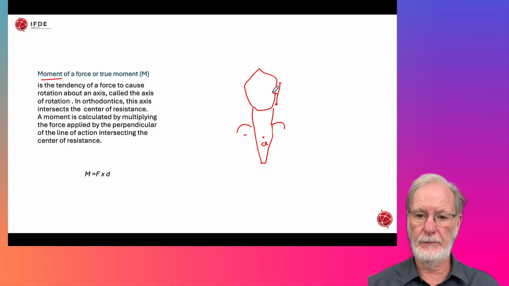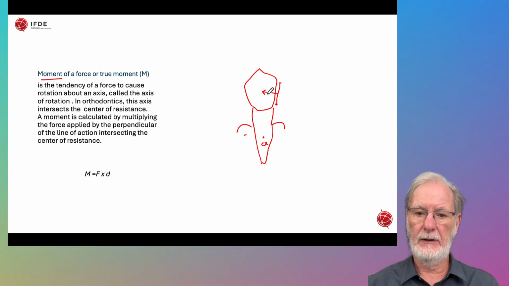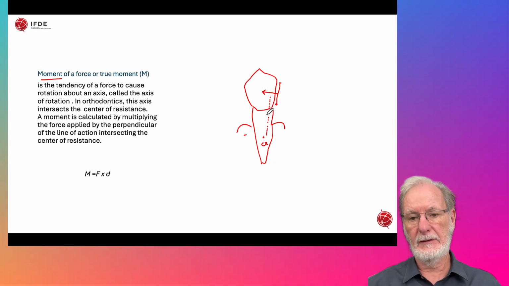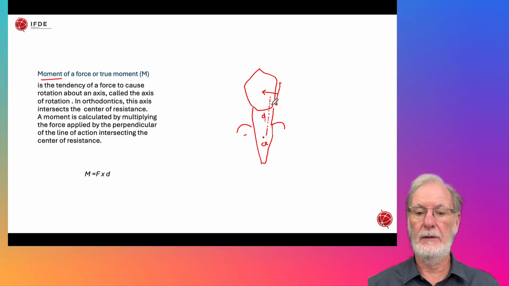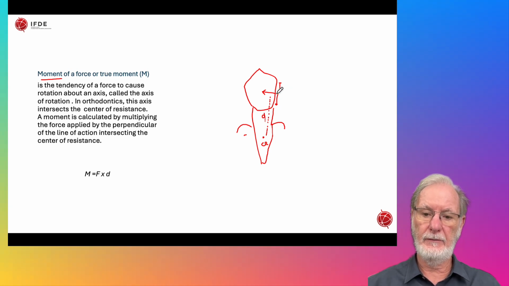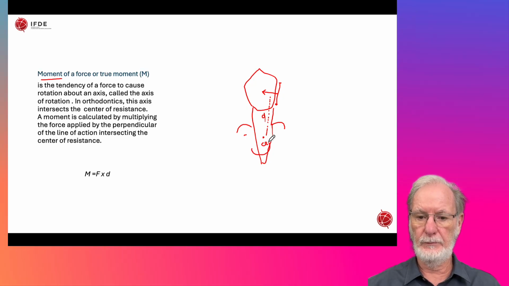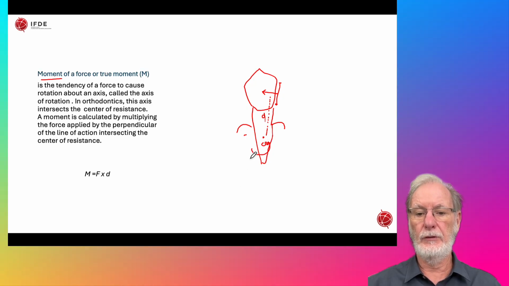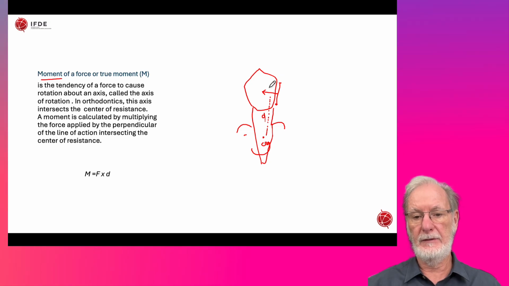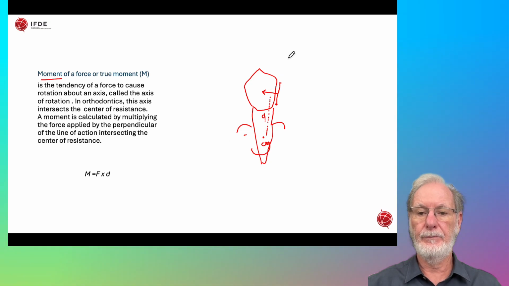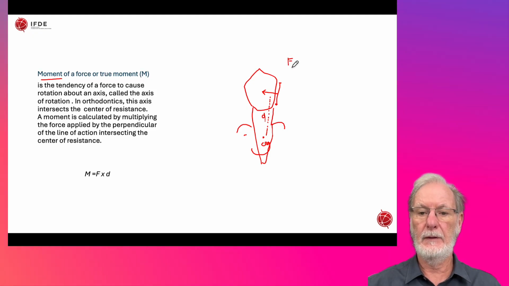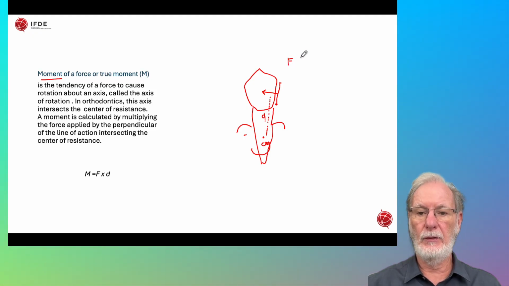There'll be a force, a push, and this force will be at a distance, as we all know, from the center of resistance, distance D, and this distance will create a moment, which is a rotational movement. So the tooth will be, in this case, tipping, because you will have a force and a moment.